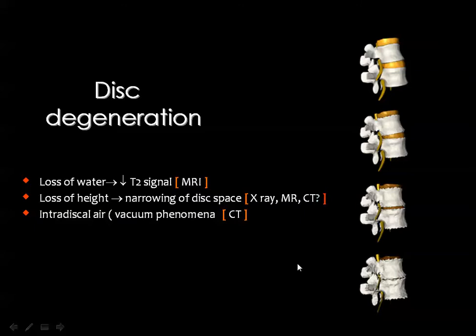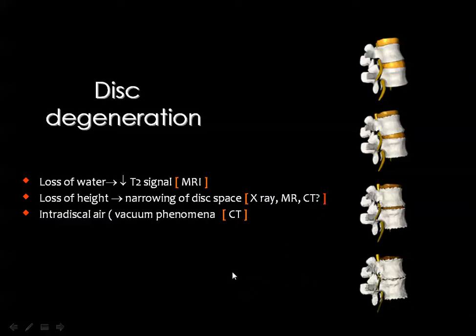Then the process of disc degeneration starts by loss of water from the nucleus, and this is only detected by MRI. Then after the nucleus loses the water content, it will lose its height. Loss of height will lead to narrowing of the disc space, and this narrowing can be seen by X-ray, by CT, and by MRI.